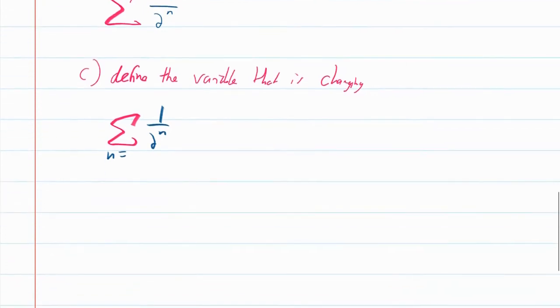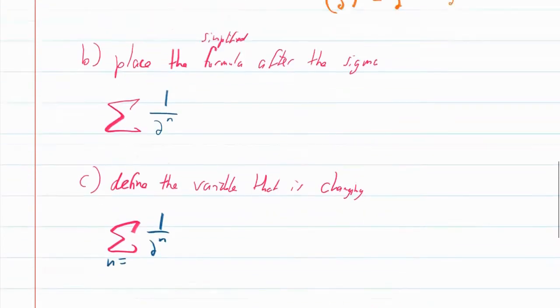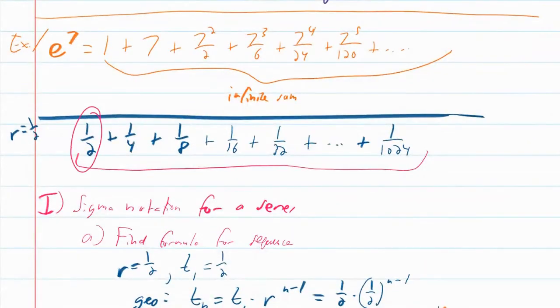Step 4 is to decide the n value of the first term. Well, that's easy. The first term was 1/2.